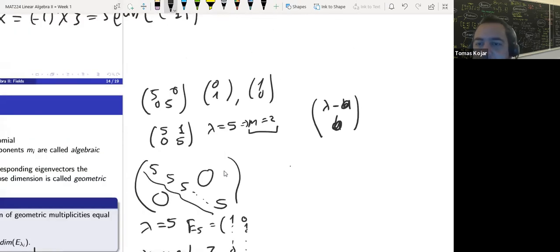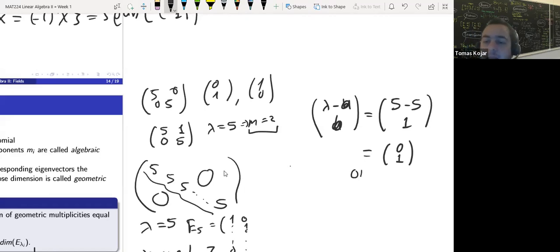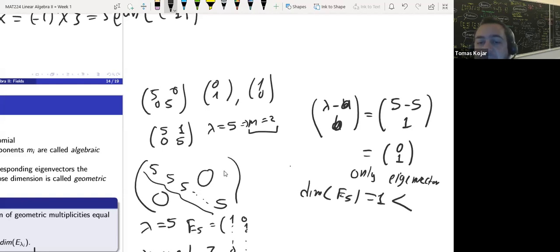So you have 5 minus 5 and then 1. So you get 0, 1, and that's the only eigenvector. So the dimension of E5 is 1, which is strictly less than the algebraic multiplicity. Is that okay, Sakura? Okay, great.